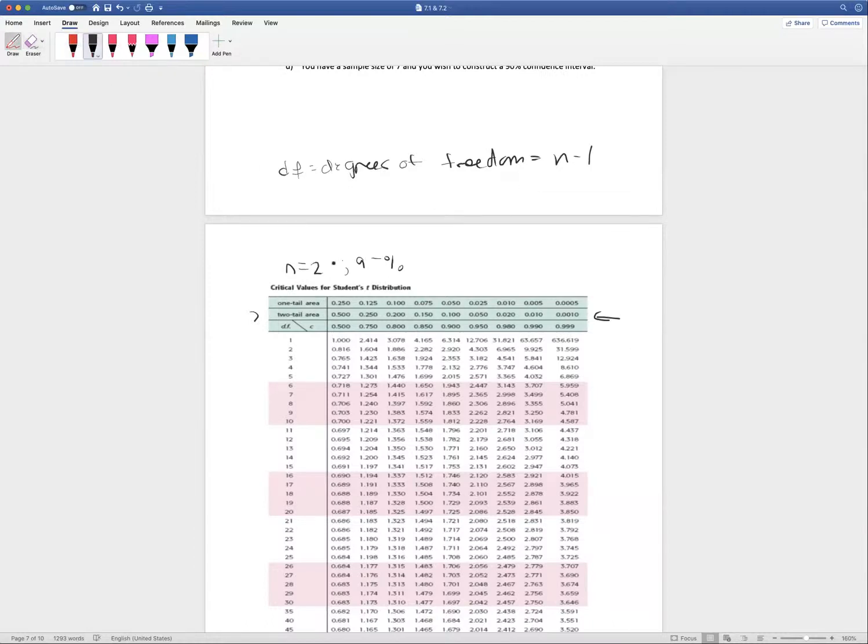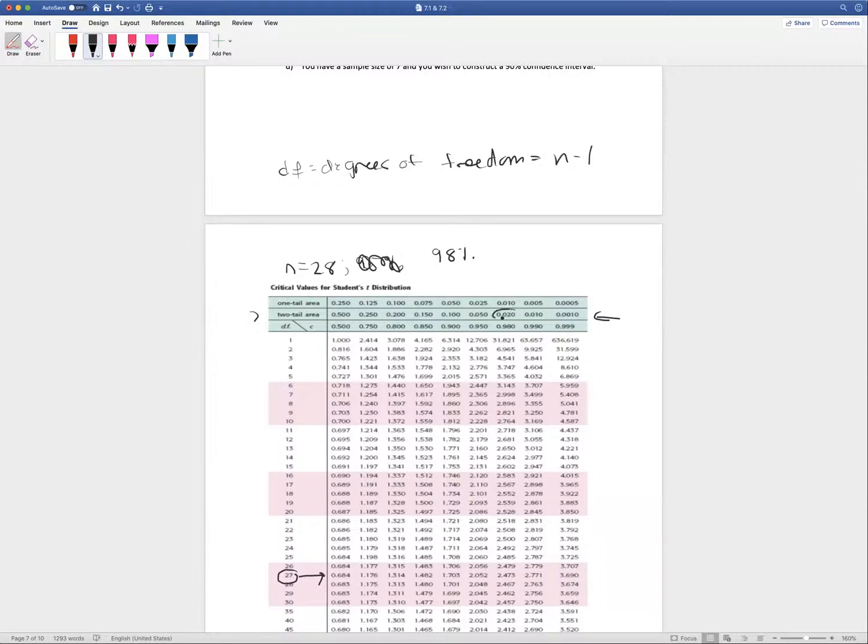So n is equal to 28, and we have 98%. Again, we're dealing with n minus 1 degrees of freedom, so we have 27 degrees of freedom. Our answer is going to be located somewhere in this region.